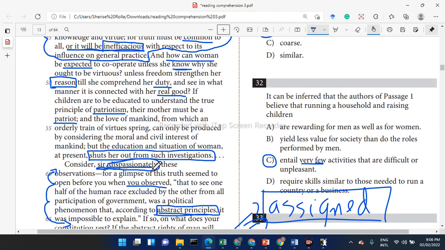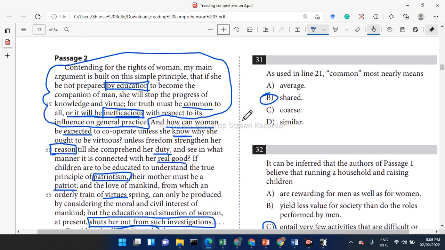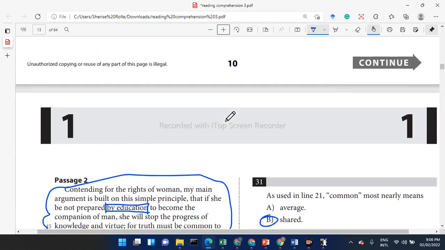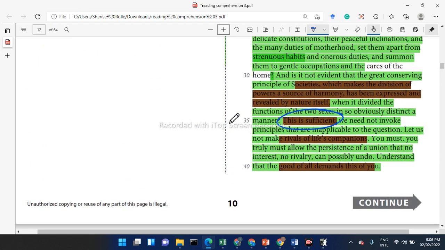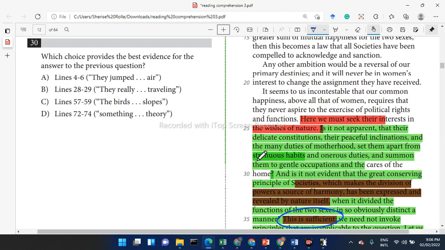Virtue. Yeah, virtue is a good one. Strenuous. Patriotism, I was looking at that. Phenomenon. Various. Let's go to the other one, the gentleman's one. What about strenuous? Like this one, onerous.